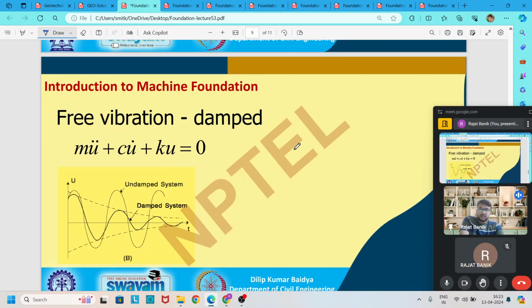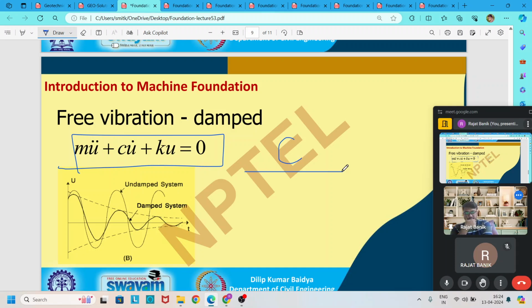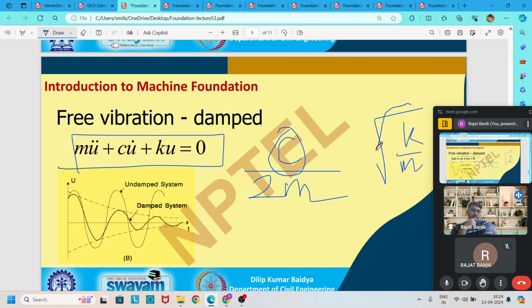Then there is the free vibration damped system, and by its equation we identify critical damping, under damping and over damping. By solving the equation, we get different situations, where c by 2m, c being the coefficient of damping, is compared with the square root of k by m, which is the natural frequency omega.